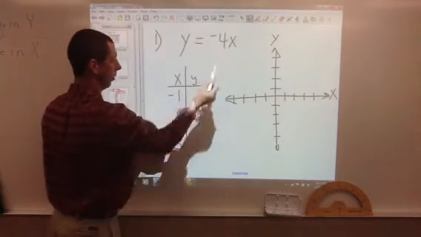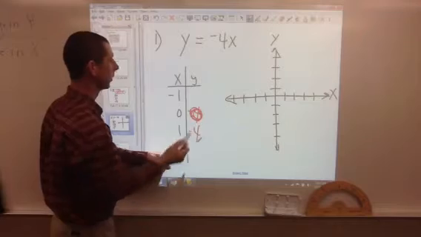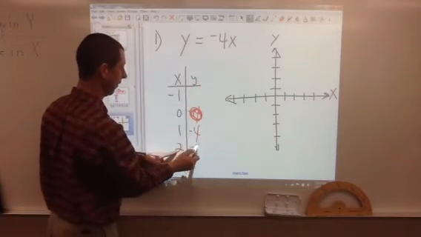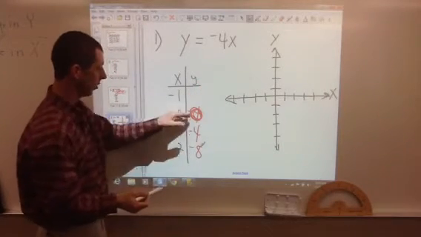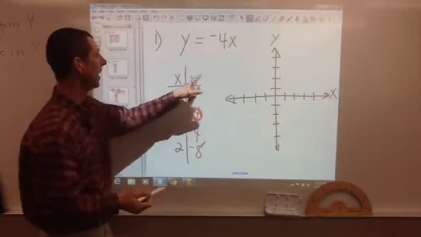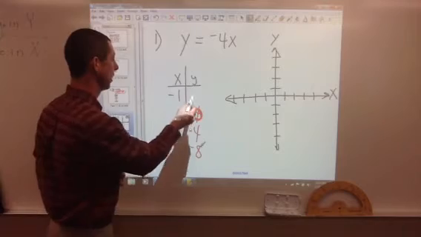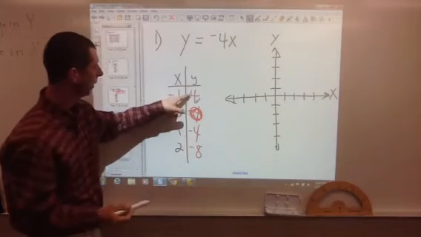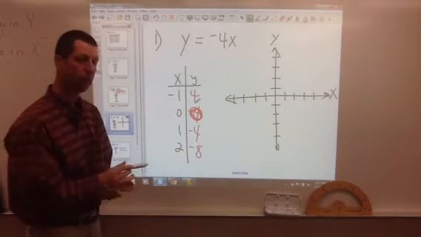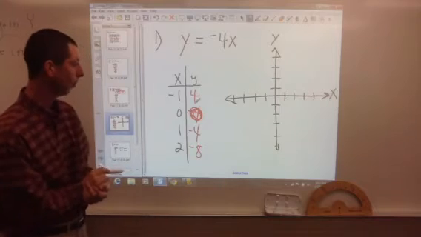Let's put 1 in. We get -4. Let's put 2 in. We get -8. Once again, we can notice a pattern forming here. Let's put -1 in here. -4 times -1 is +4. So our pattern here is we're decreasing by 4 each time.